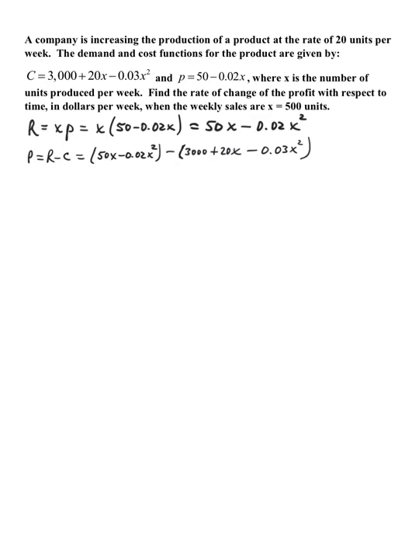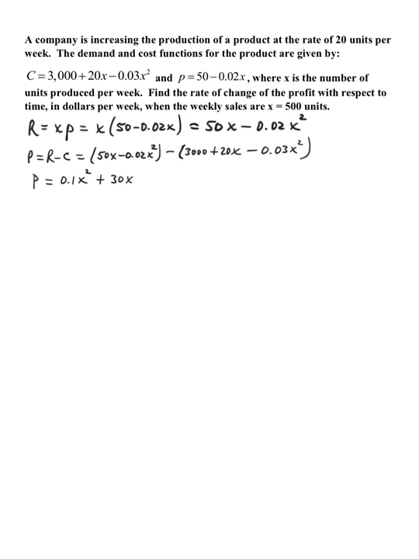If you distribute the negative sign to all three terms in the second set of parentheses and combine like terms from the front set of parentheses, starting with your x squareds, negative 0.02x squared minus a negative 0.03x squared makes a total of positive 0.01x squared. 50x minus 20x, that's a positive 30x.